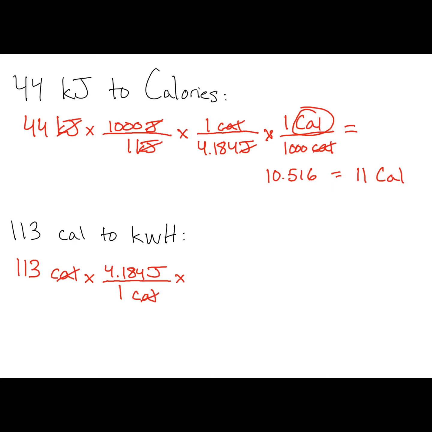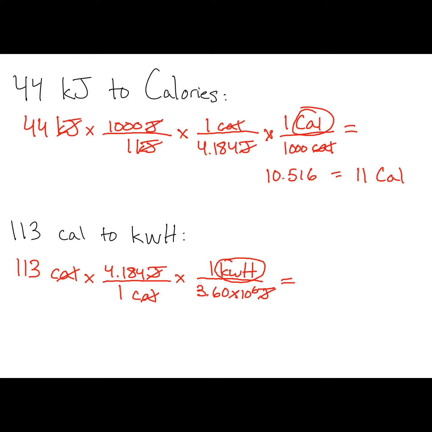So now we can use that conversion factor from joules to kilowatt hours. So we know from our textbook that 1 kilowatt hour is equal to 3.60 times 10 to the 6th joules. Our joules canceled out, so we are left with our kilowatt hours.